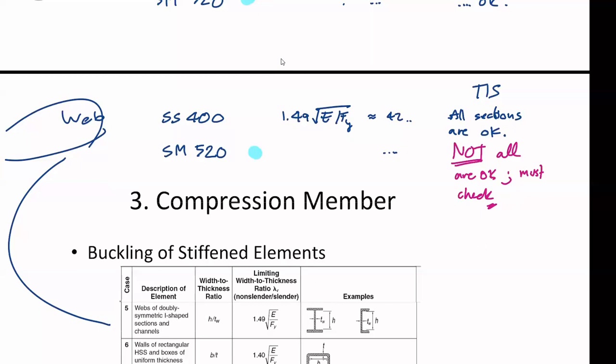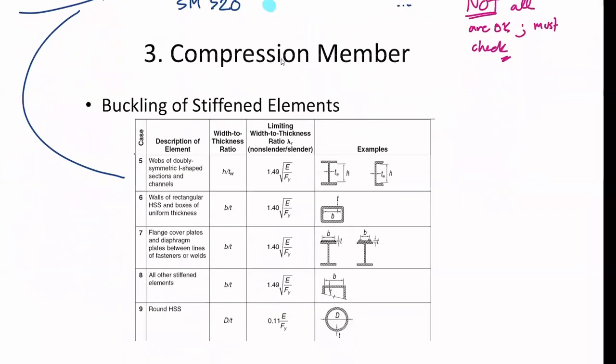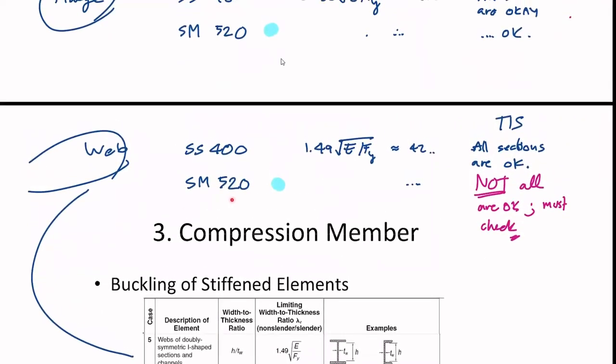All right. So we have more cases that you can always pick from the table in AISC. It's available. And that is the local buckling issue. But I have to say that it is much better to use the stronger material, because most of the time SM520 will give you the smaller and therefore lighter section, and therefore better economy.